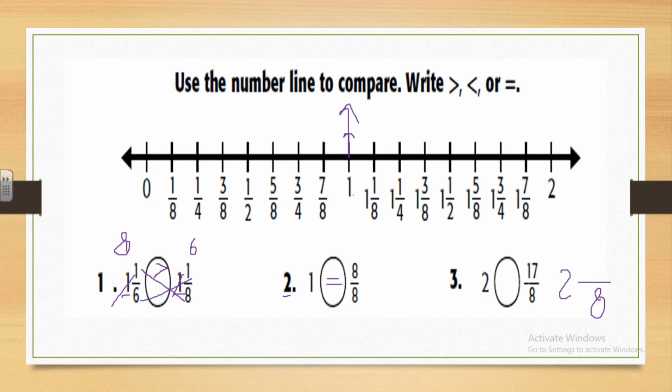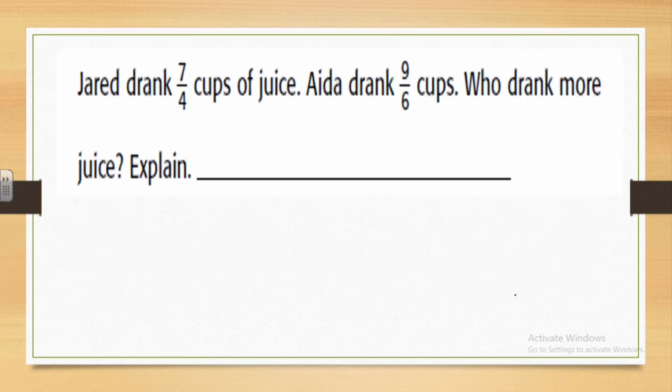So let's write 2 here. And now we need 1 to reach 17. So 2, let's make it in the number line. 2 here. And the second one, 2 and 1 over 8. So it will be after the 2. For example, it will be like here. So which is greater, 2 or 2 and 1 over 8? So of course this is the big one. Got it? That's great.